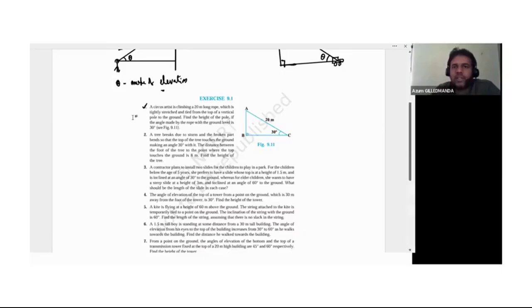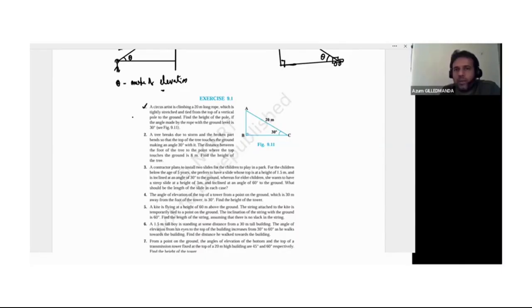A circus artist is climbing a 20-meter long rope, which is tightly stretched and tied from the top of a vertical pole to the ground. The diagram is also given. The rope is AC, which is 20 meters long, tied to the top of the pole.